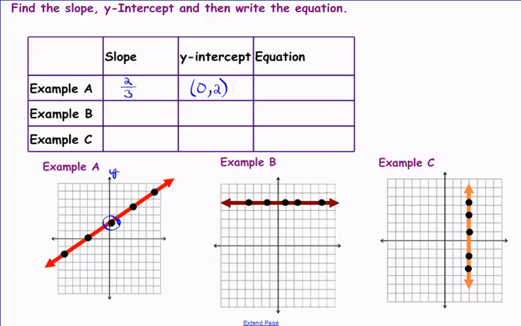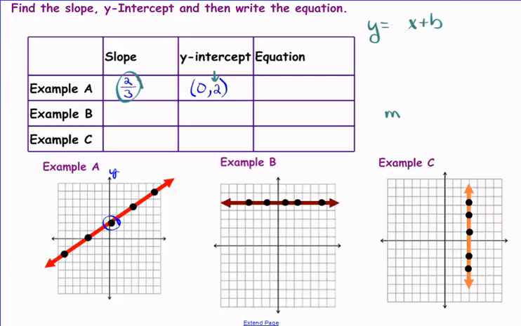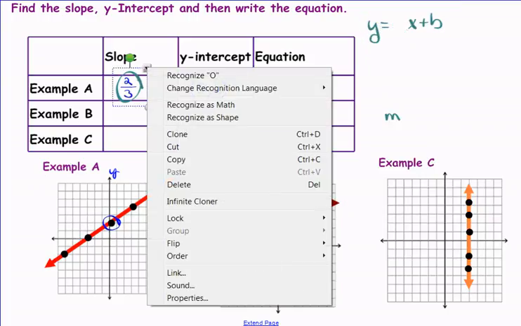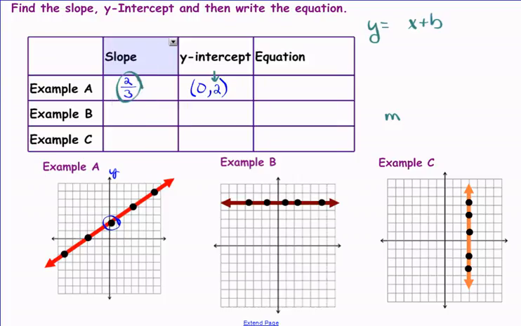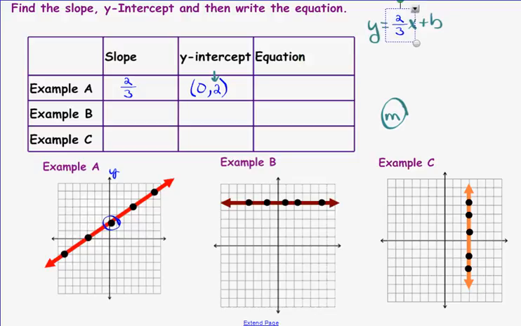I'm interested in this number right here and this number here. Remember, our slope-intercept form of a line was y equals mx plus b. I'm going to take the m out and put in this 2/3. I'll clone it and it comes over here and sits in front of the x.